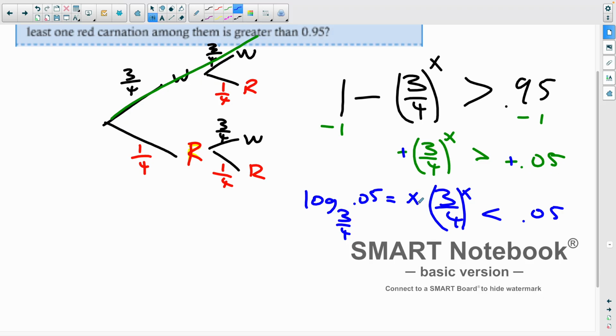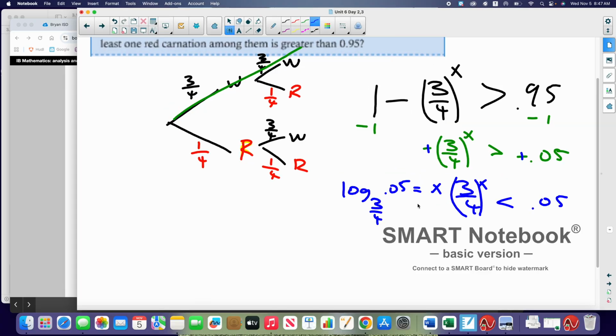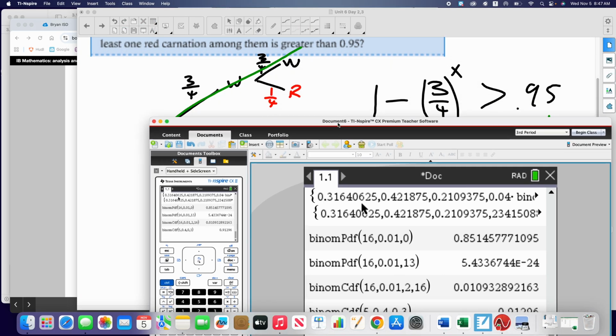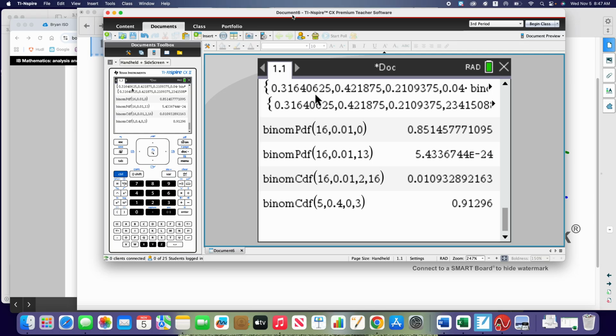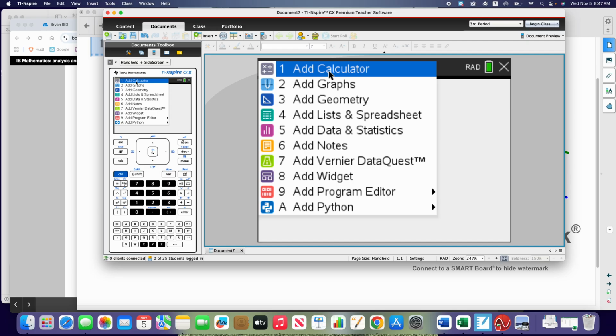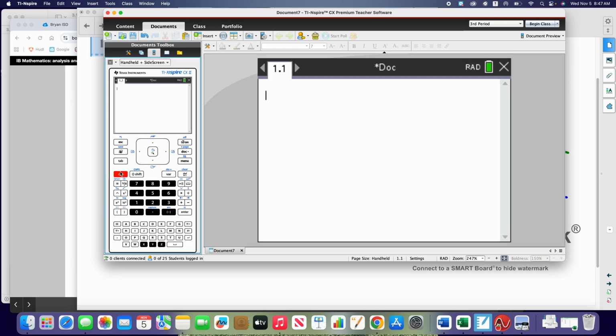So I'm going to go to my calculator now and put that in. Actually, let me just start fresh. On a calculator, I can go Control Log, and I can say 3/4 is the base down here, and this is 0.05 there, and so that gives me 10.4.